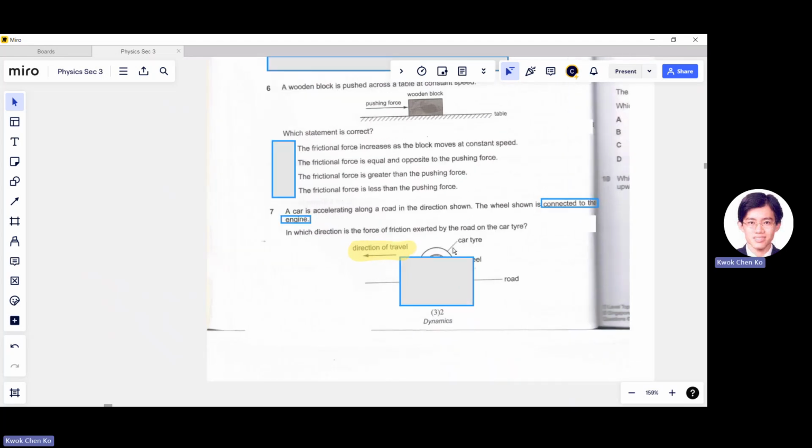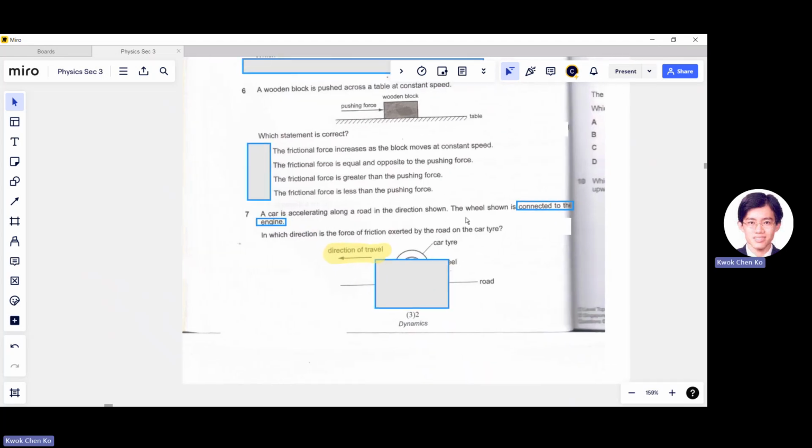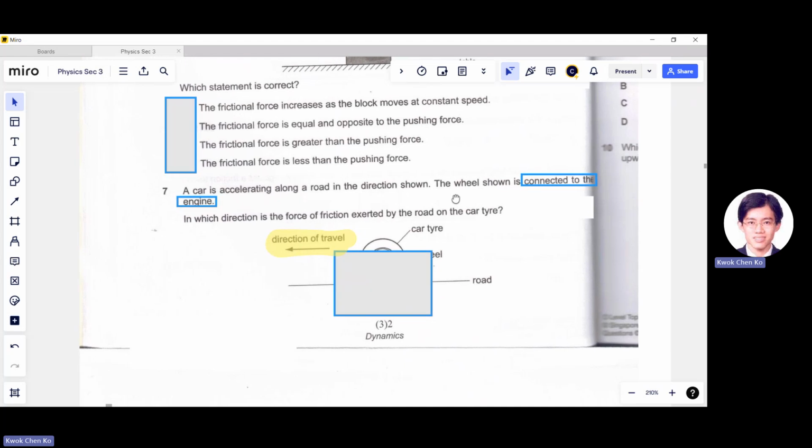Now, question 7 is of particular interest as well. It can be quite confusing, but nevertheless, it can be a question that comes up for you. Now here we are looking at it from a microscopic view, or a more detailed view.